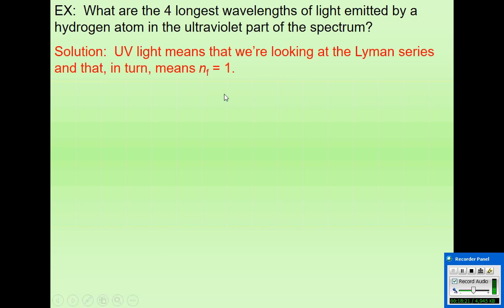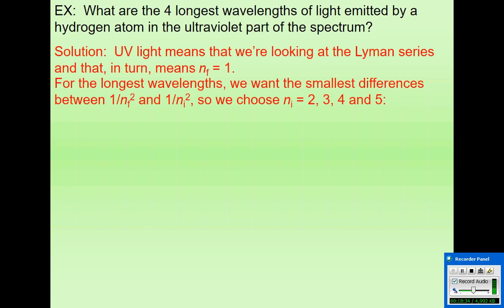But I can't let n initial equal n final. n initial has to be greater than n final. So the nearest n initial that I can use in this problem is n initial equals 2. And then for the next subsequent longest wavelengths, n initial equals 3, n initial equals 4, n initial equals 5.